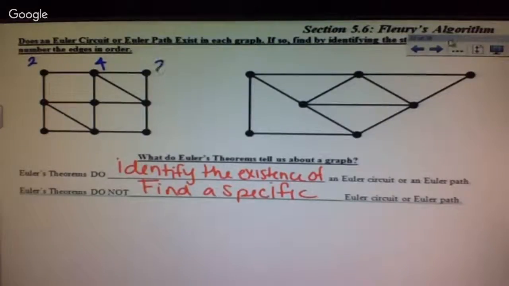This has a degree of 2. Everybody good with those 3? Okay. This one has a degree of 4, 4, and 4. 2, 4, and 2. So, according to Euler's theorems, what should I have here? This should be a circuit.